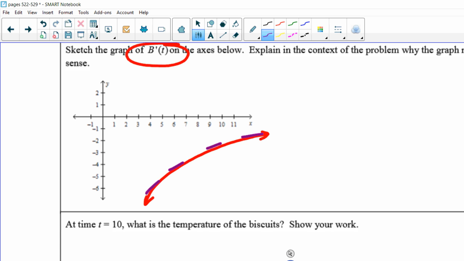That's why it's in quadrant 4, correct? Time is always positive, but the rate is always negative because the temperature is always decreasing.